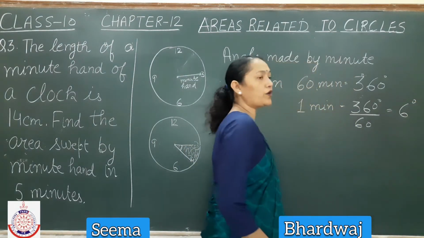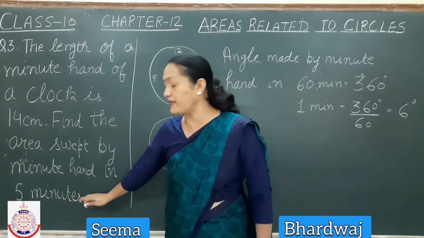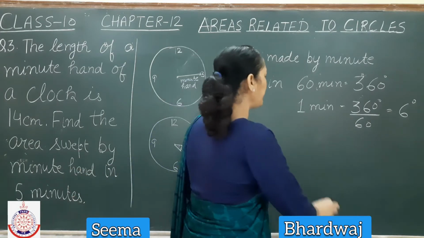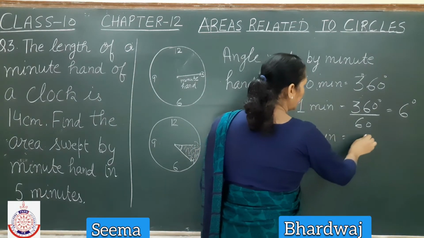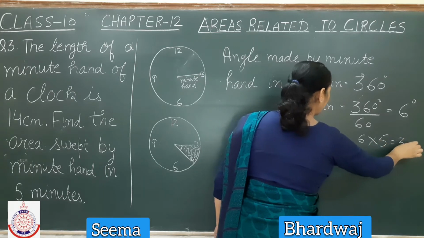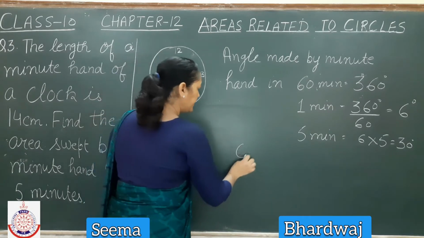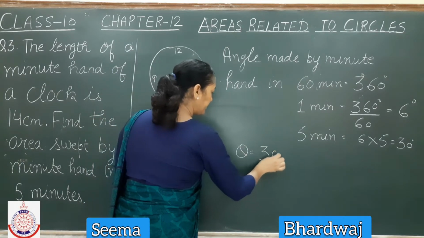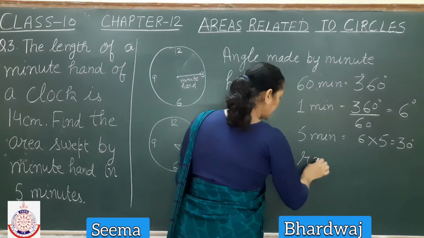Now in the question they are talking about 5 minutes, the area swept in 5 minutes. So how much angle is made in 5 minutes? 6 into 5, 30 degree. So the value of theta we have obtained is 30 degree. R is already given in the question as 14 centimeter.